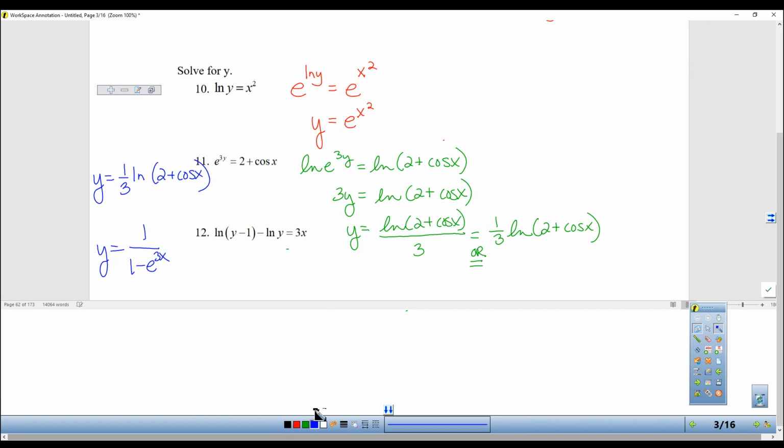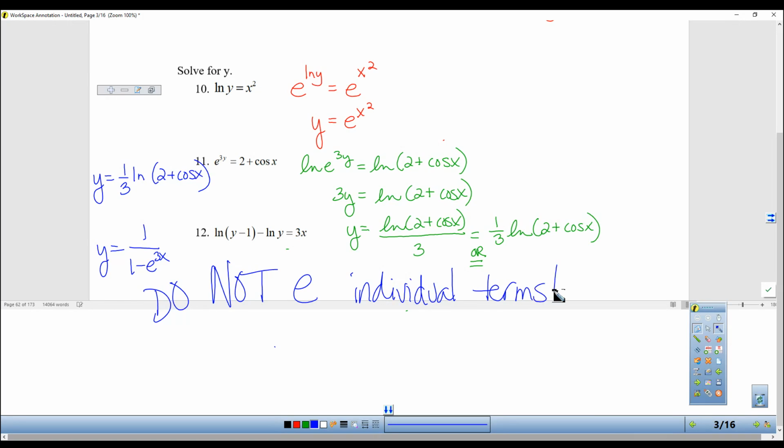Okay, for this last one, what I really want to say first, that's why I started to erase, is that I want to put a warning in. Do not e individual terms. If you tried this on your own and you got the wrong answer, you cannot e individual terms.